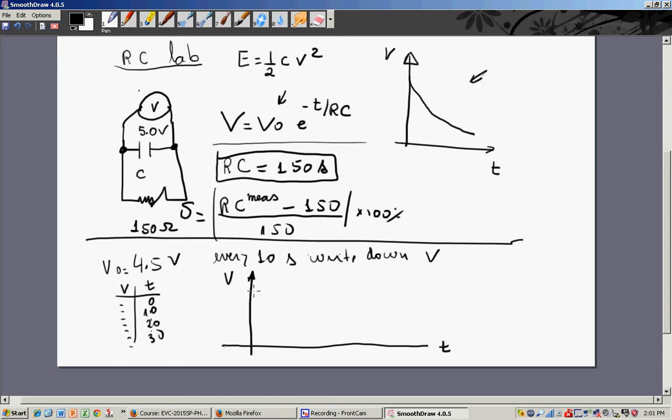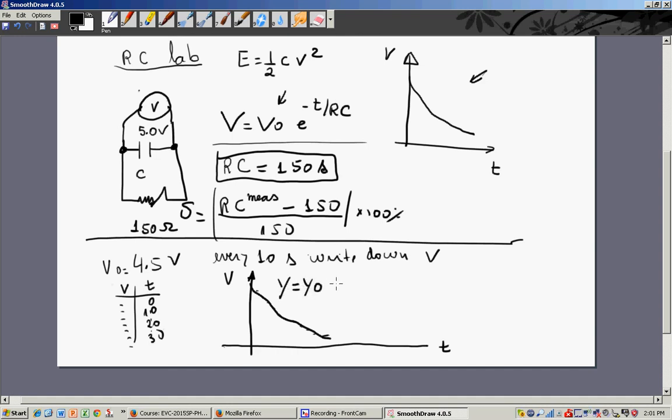So when you plot your V per time, and then you have all these points, and then you fit a curve, and then you ask Excel to give your trend line, to plot the equation of your trend line so that you can use it.